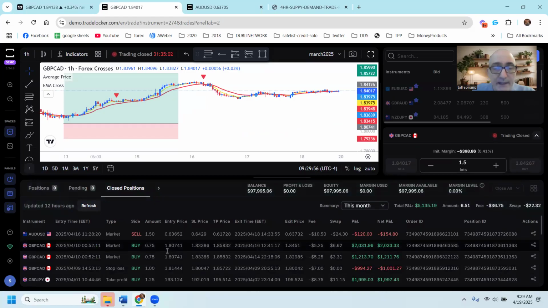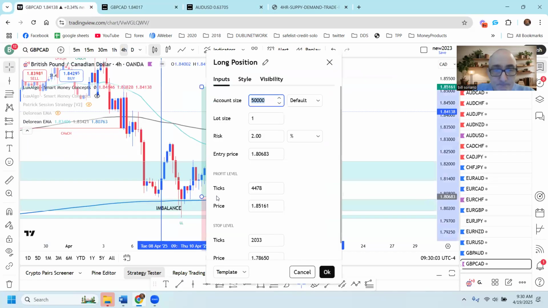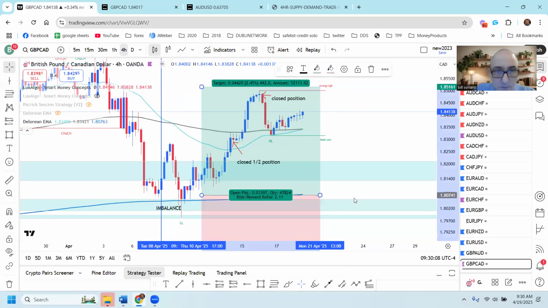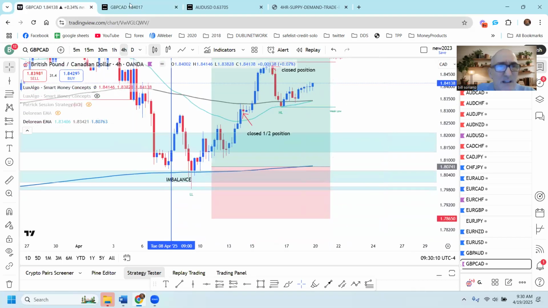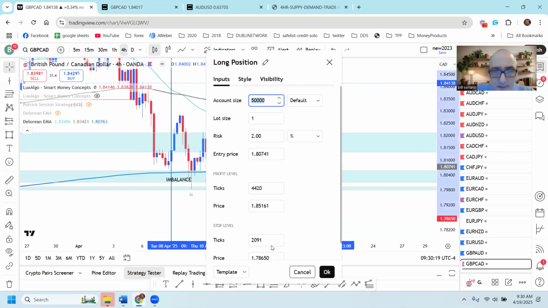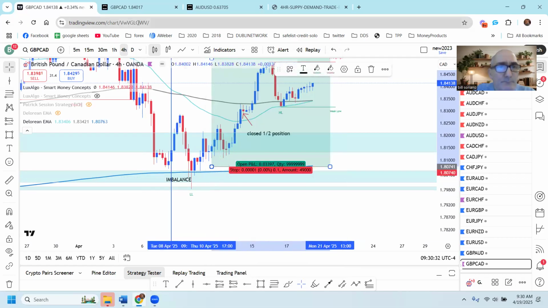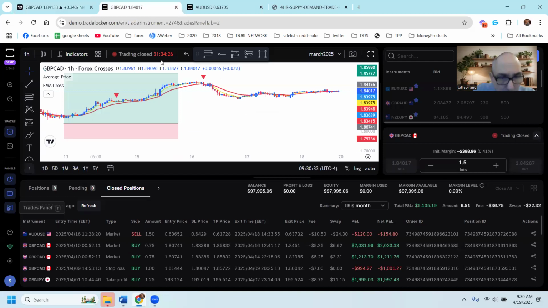Entry price was 1.80741. Stop loss was at 1.83386. Let me see.